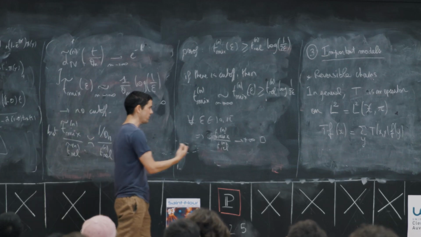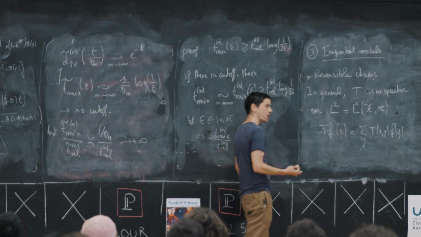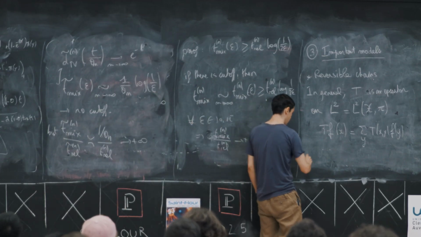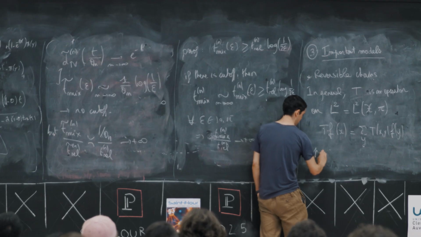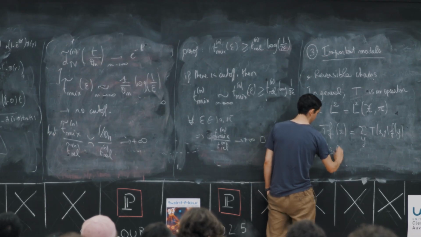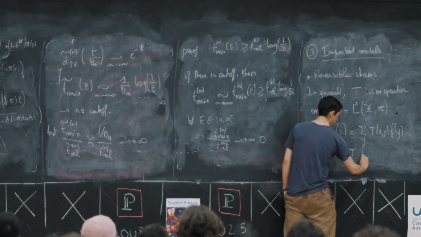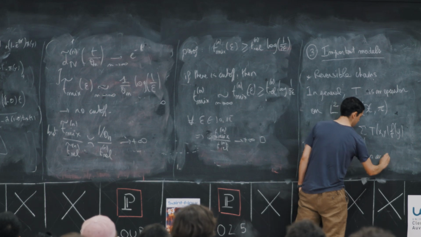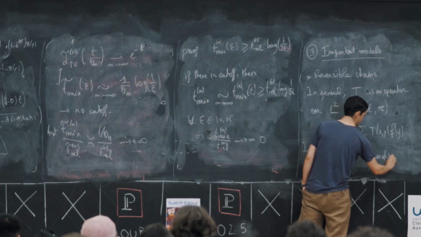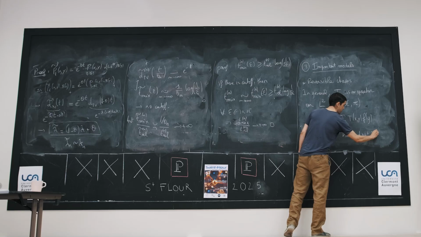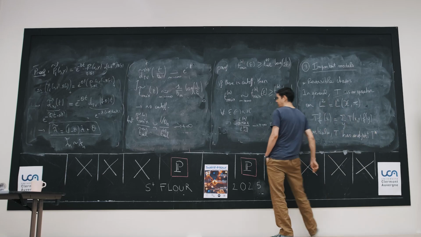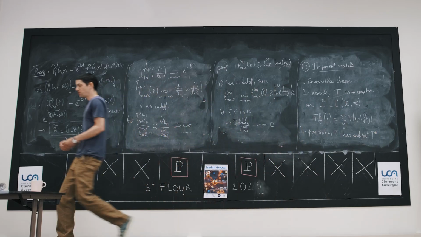Okay. The nice thing is that now that you have an operator on a Hilbert space, you can consider its adjoint, T star. So what is this adjoint? Right, the abstract definition is as follows.